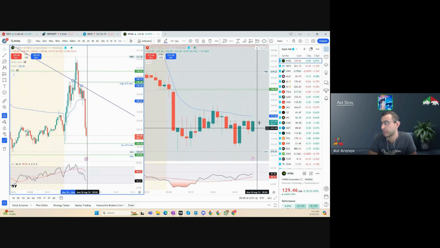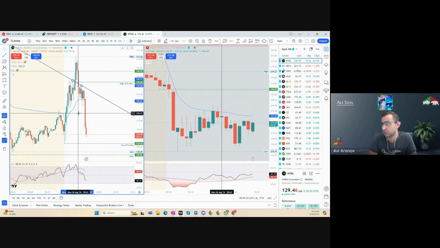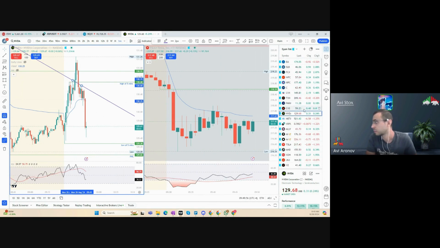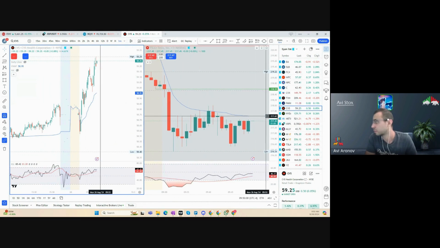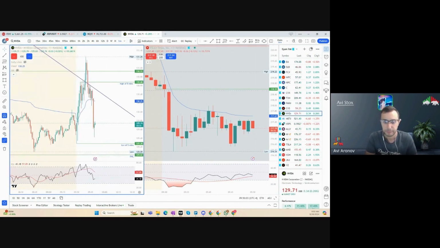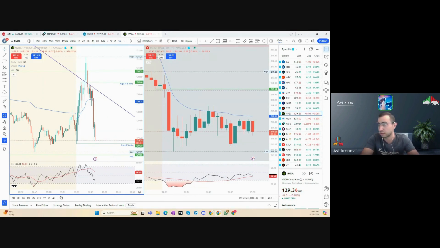It also potentially has a move lower. So this 59, very nice. Okay, so still waiting.